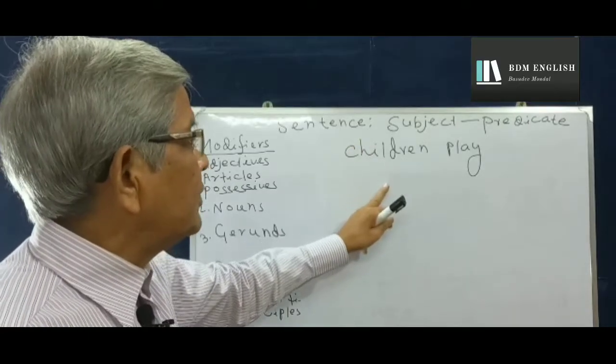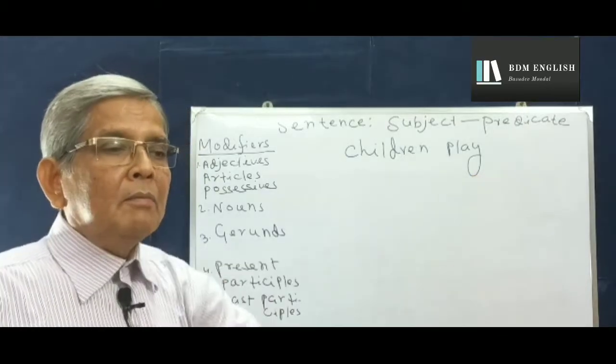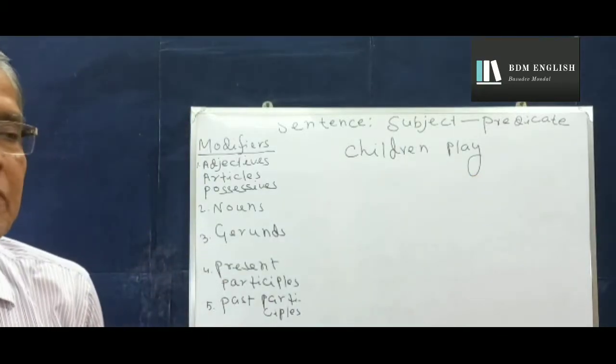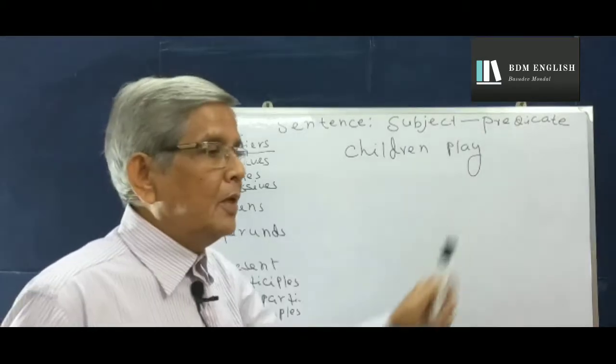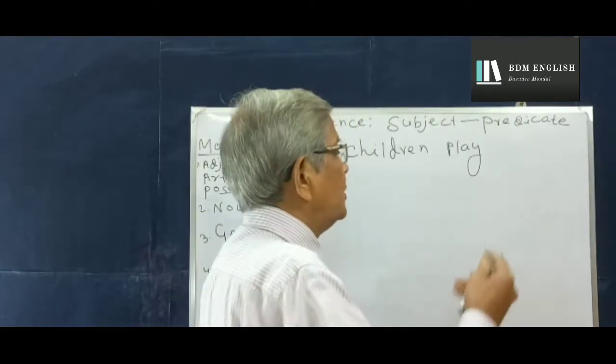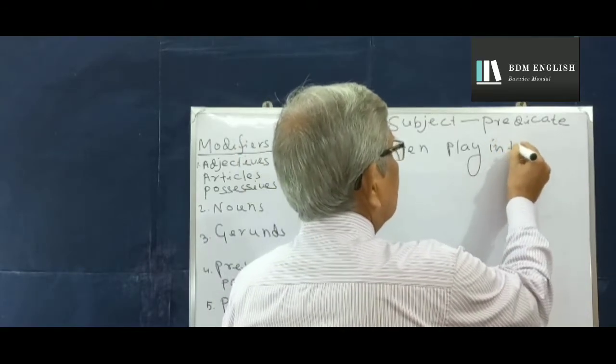Clear enough in the sense that we can extend the predicate by using different words and phrases. We can say, children play in the park in the afternoon. Children play in the park.